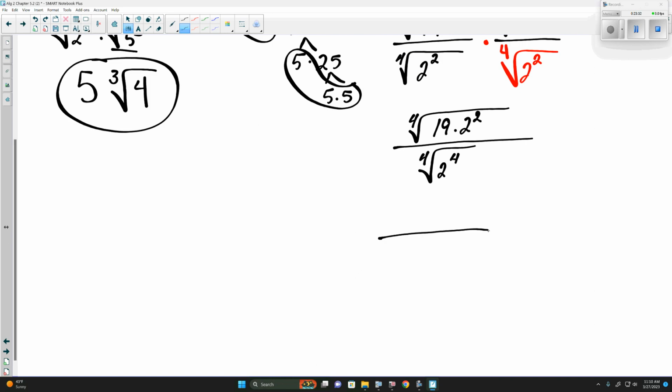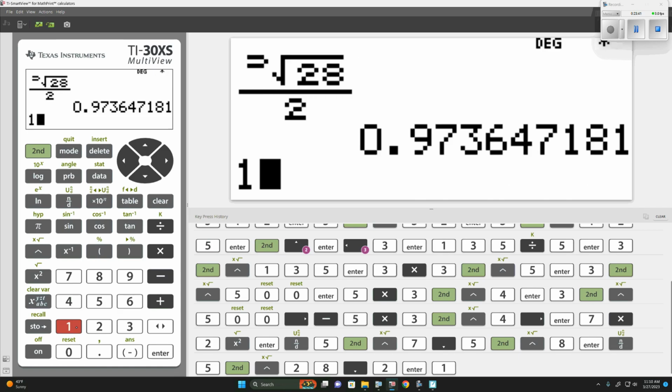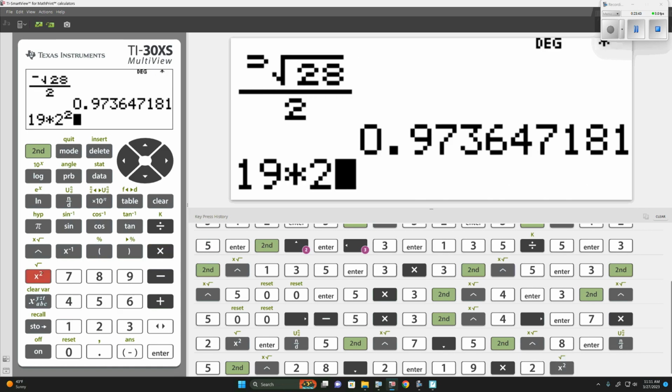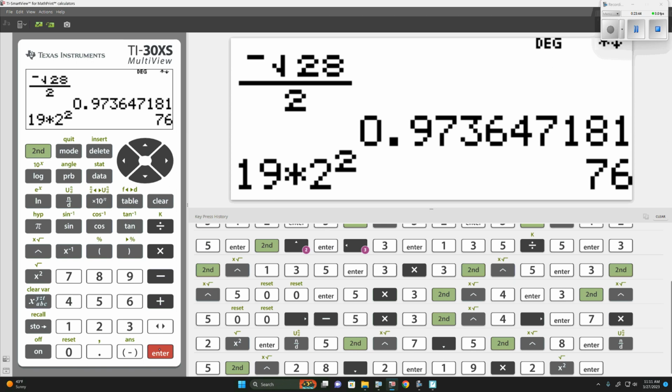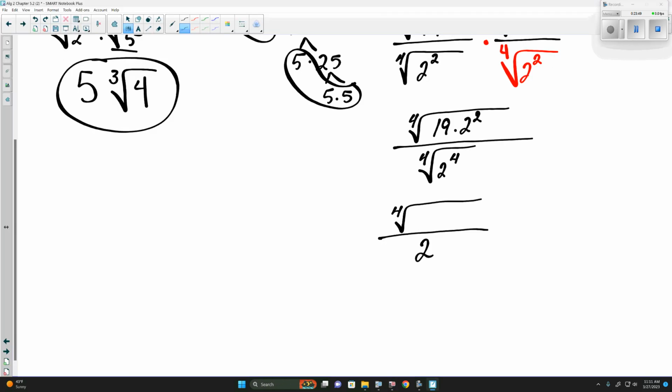Well, the 4th root of 2 to the 4th is 2. Now the numerator, we have 19 times 2 squared, and 19 times 2 squared is 76. And that there is the final answer.